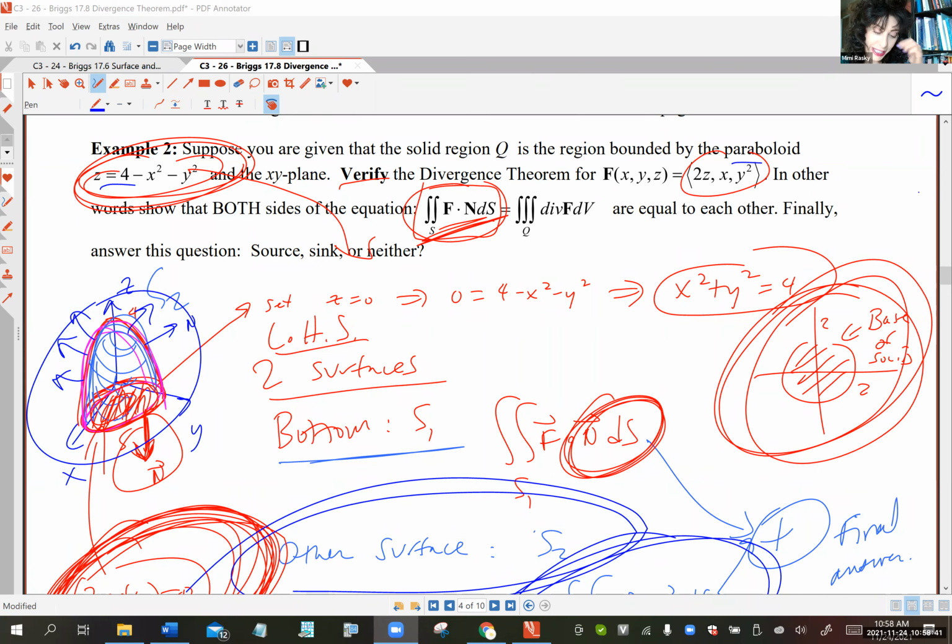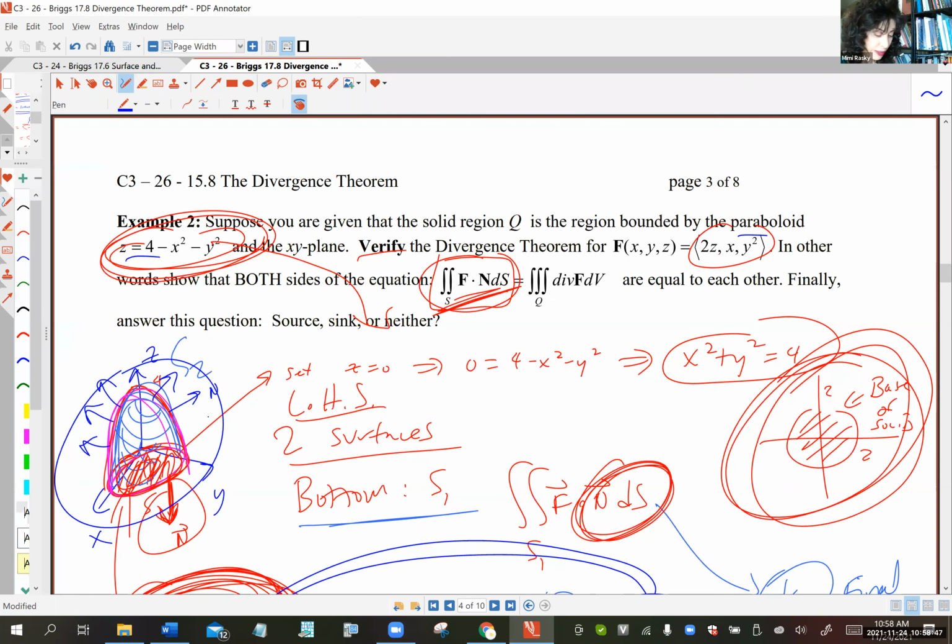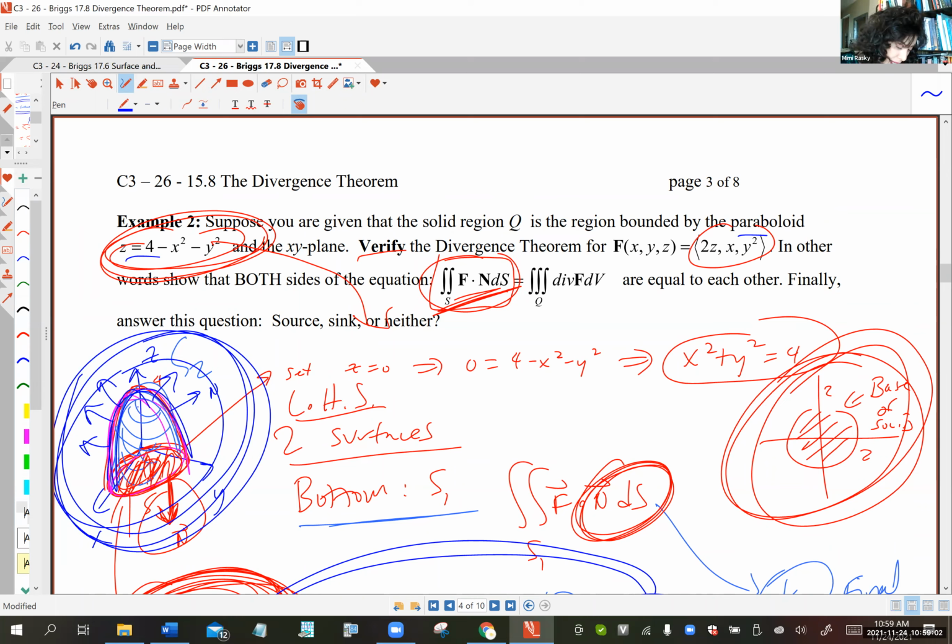Can I explain why there's 2 surfaces? Sure. So look at this solid. If you had to construct this solid out of butcher paper or some sort of material, the paraboloid is one whole surface itself.